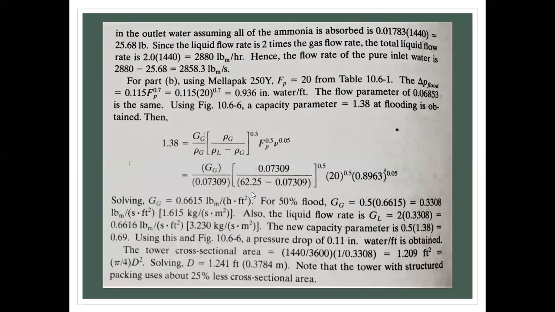So that's what's done here. You solve for the abscissa, and that should be 0.06853. And this abscissa, together with the pressure drop that you got, the value of which is 1.925, you read the corresponding capacity parameter on the vertical axis of the graph, and that's more or less around 1.7.